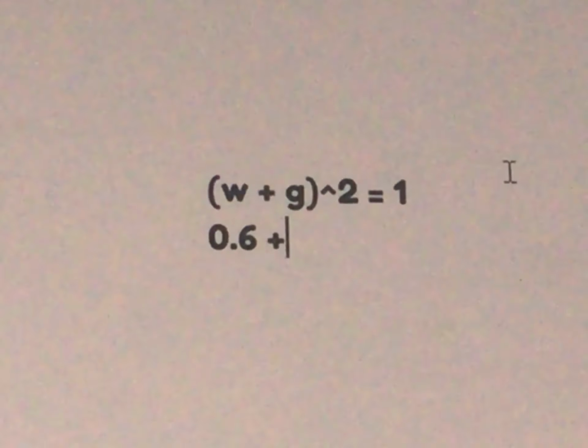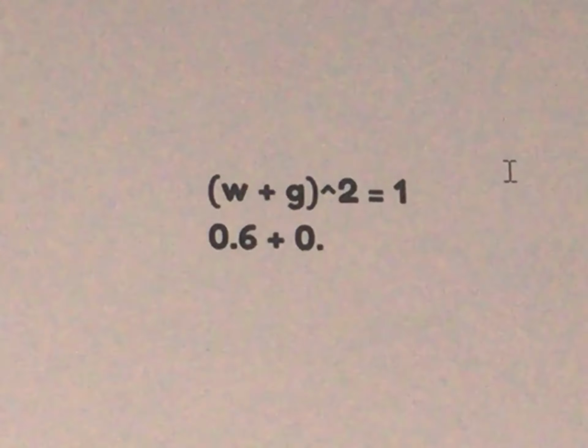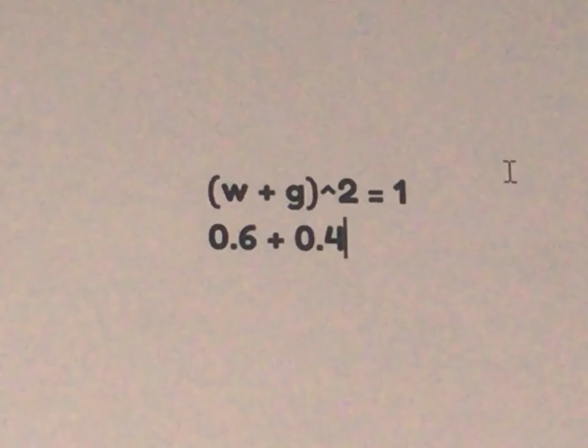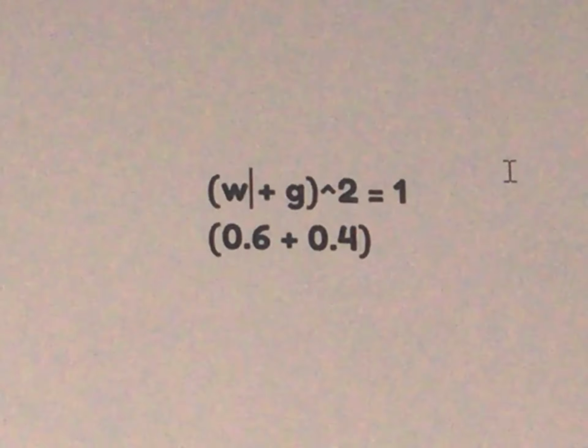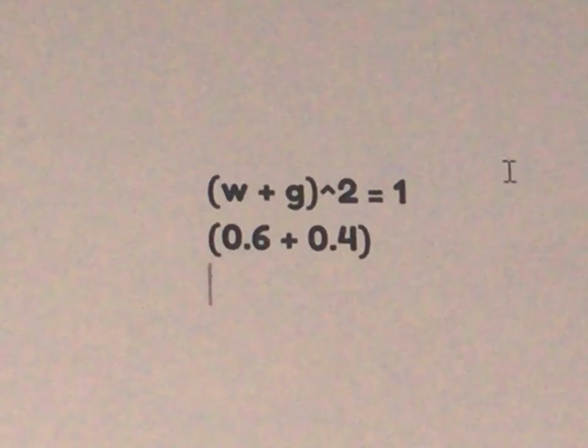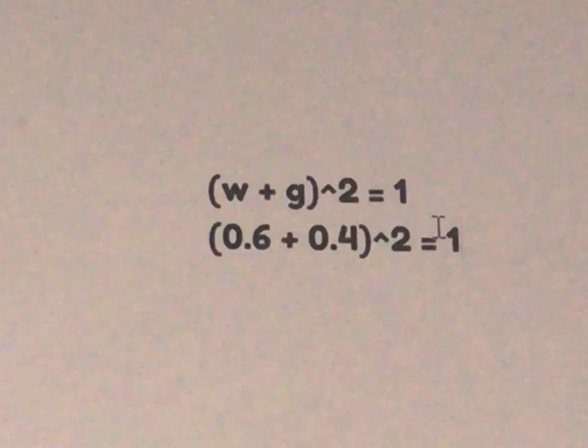60% of the population has white alleles. 40% has gray alleles. So (0.6 plus 0.4) squared equals 1.